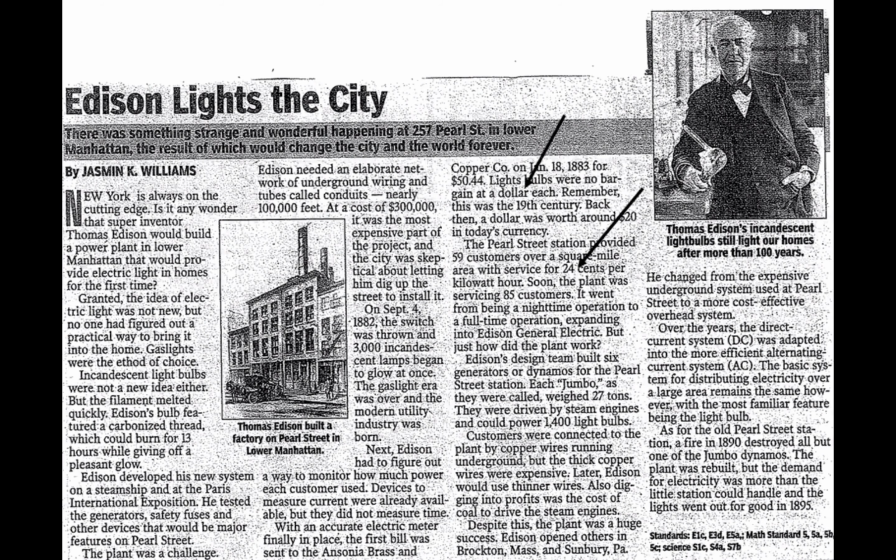So he opened up that plant on Pearl Street in Lower Manhattan, and utilized steam engines to develop the power, and we'll talk a little bit more about how that gets from some form of energy into electricity, and that it could power up to 1,400 light bulbs simultaneously. And so that was the first initial power plant here in New York City.